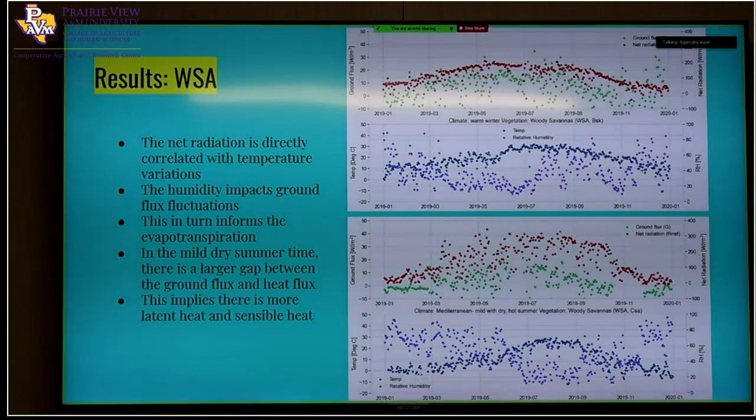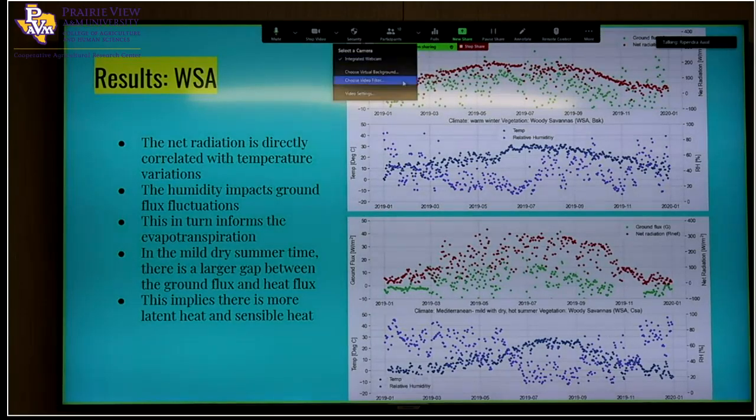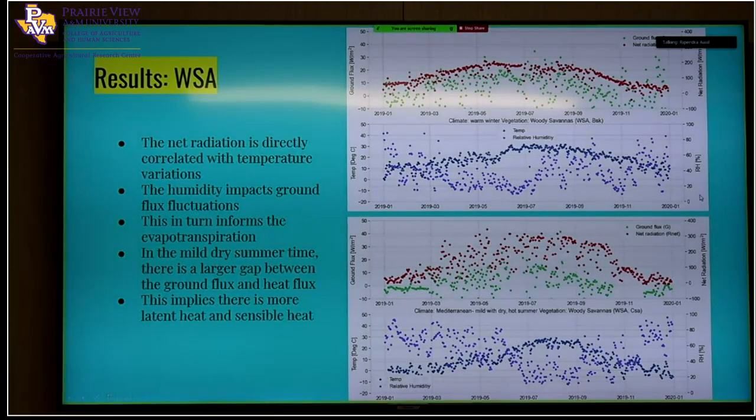So in the period of 2019 to 2020, this is the woody savanna region that Carrie had talked about. And we can definitely notice that in these regions the net radiation tracks with temperature, which makes sense because the radiation would be impacted by temperature.